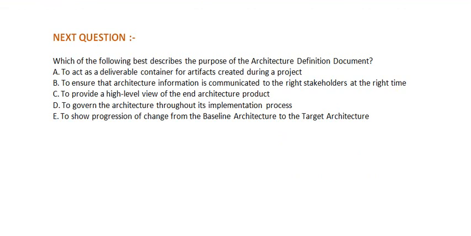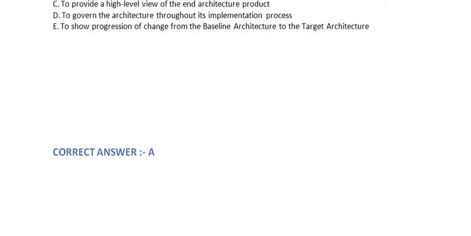Option C, to provide a high-level view of the end architecture product. Option D, to govern the architecture throughout its implementation process. And option E, to show progression of change from baseline architecture to the target architecture. The correct answer is option A.